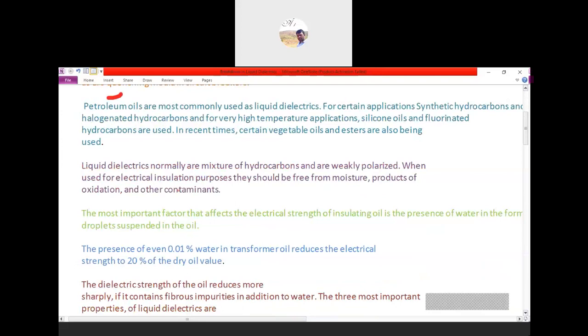Not only high voltage, but whenever high temperatures are involved, some of these dielectric materials are used, such as synthetic hydrocarbons and halogenated hydrocarbons for high temperature applications. Vegetable oils are also used in some cases.